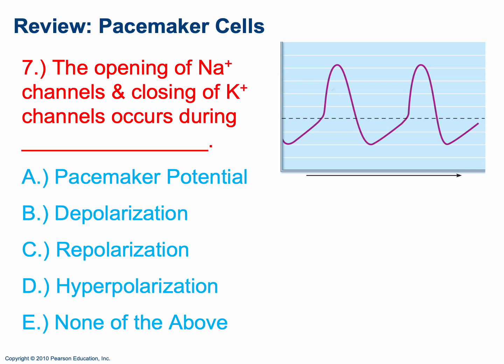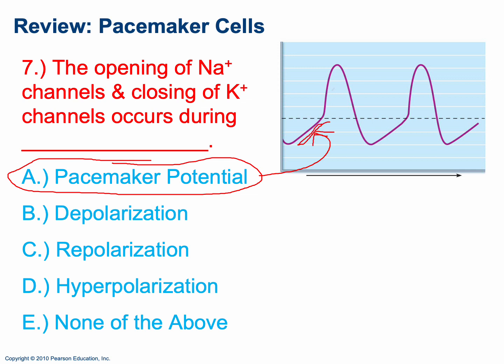Okay, and the correct answer would be choice letter A. And where is this on the graph? It would be right here. This spot, right here. Likewise, right here. So, pacemaker potential, letter A, is correct here.